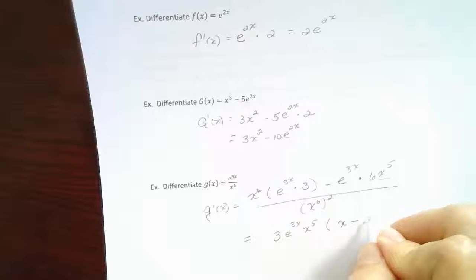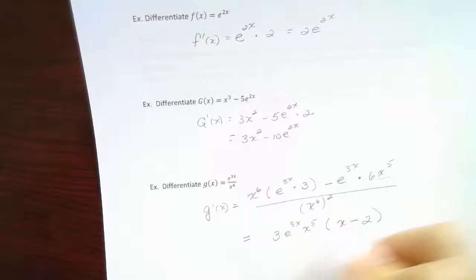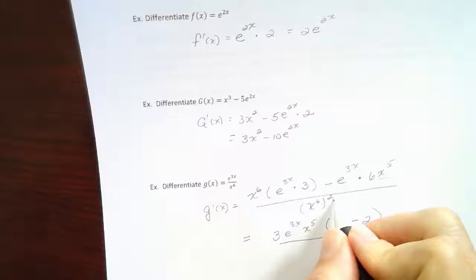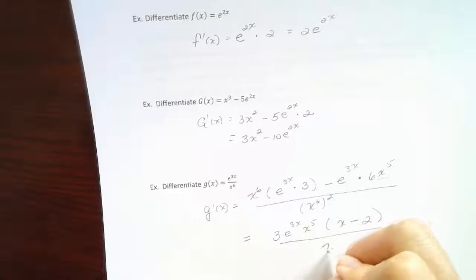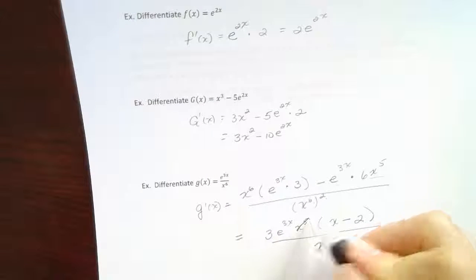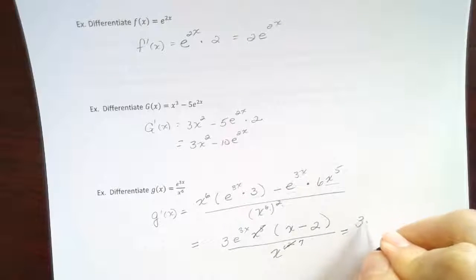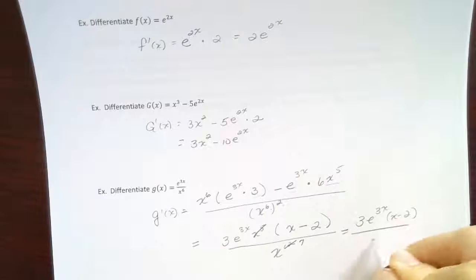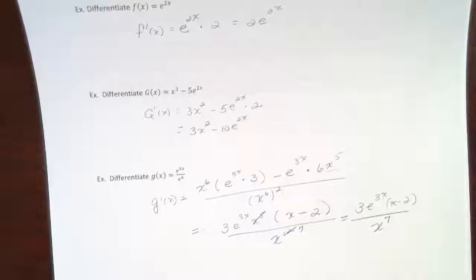All over x to the 6th squared, a power to a power you multiply, so it's going to be x to the 12th. Our last step here is going to be to reduce. We will cancel 5 of these with 5 of them, leaving us with 7. So now this is going to be 3e to the 3x times x minus 2 all over x to the 7th power.